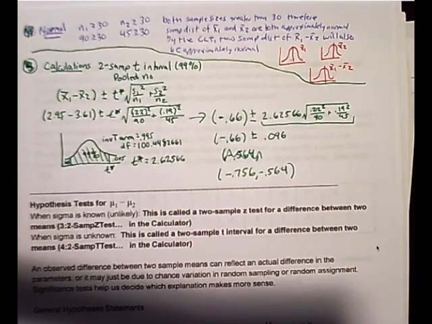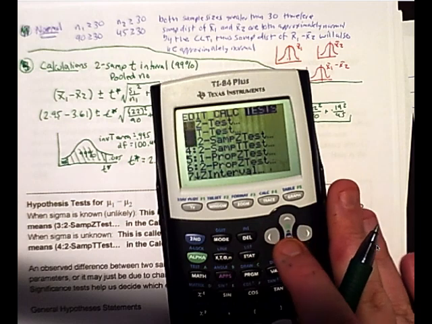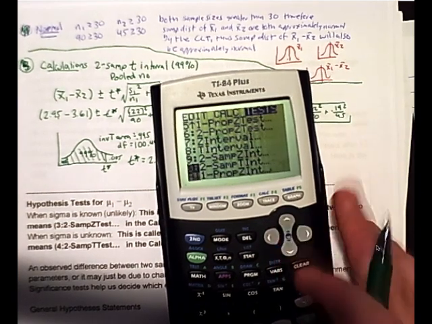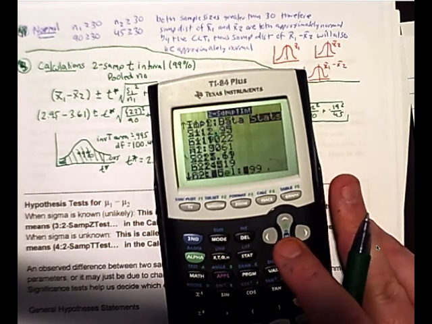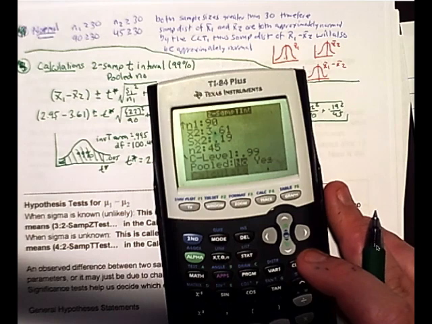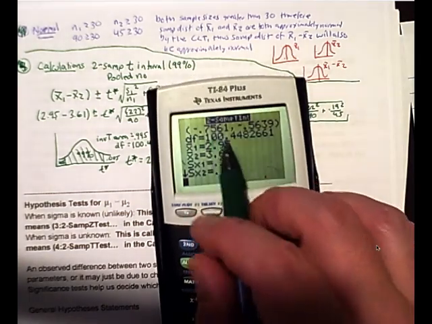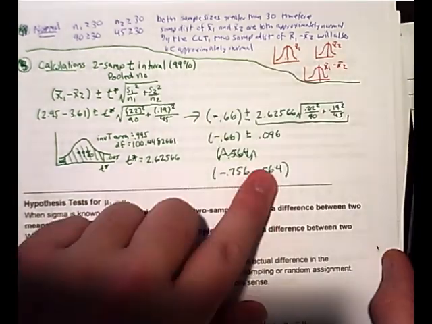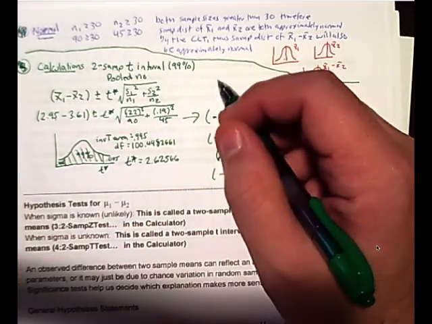That's the actual interval. Let's check that calculation again by running that 2 sample T int. Go down here and calculate. Negative 0.7561, negative 0.5639. Same thing.